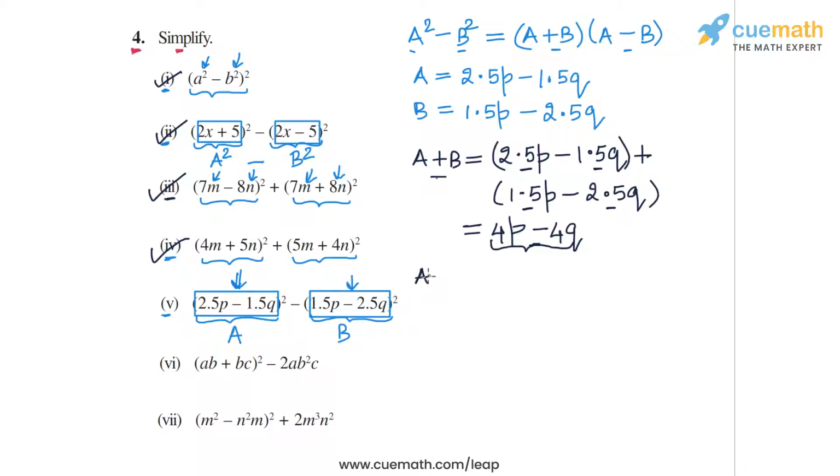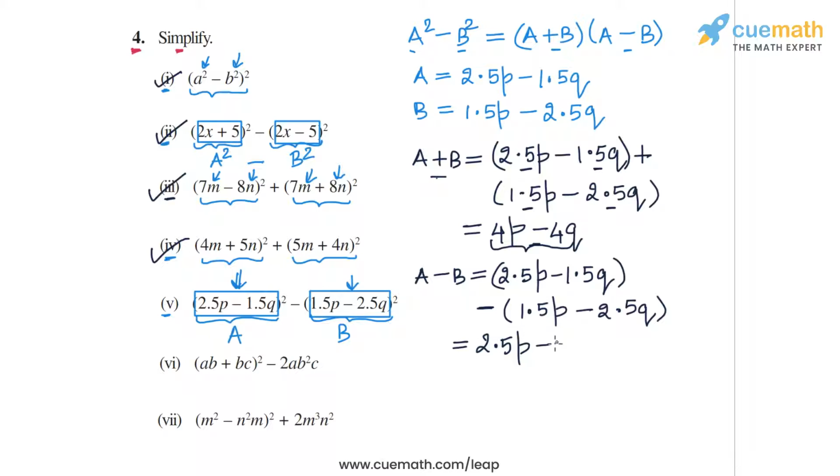And similarly, let's calculate a minus b now. So a minus b will be 2.5p minus 1.5q, that's a, and then minus 1.5p minus 2.5q. Okay, so we get 2.5p minus 1.5q, and then minus of this bracket, we will get minus 1.5p, and then this minus and this minus will become plus, so we will get plus 2.5q.